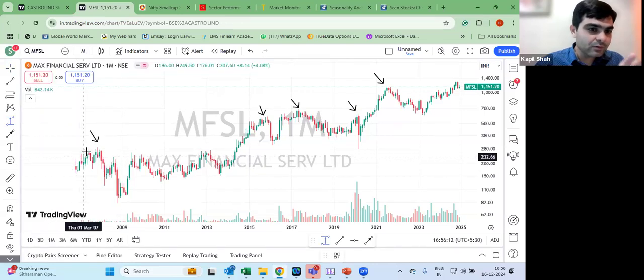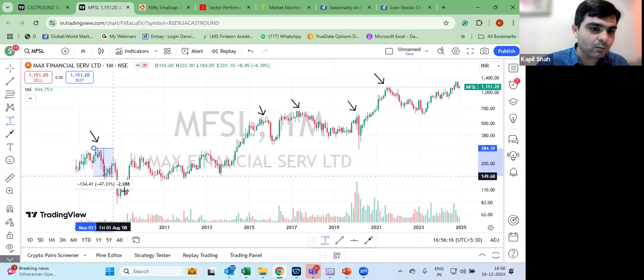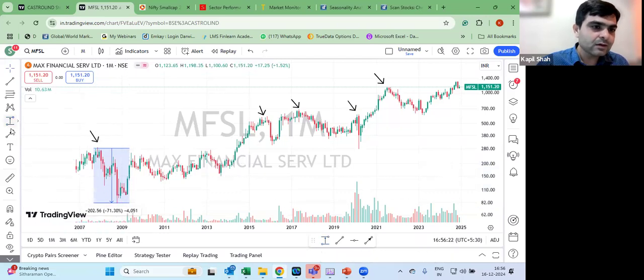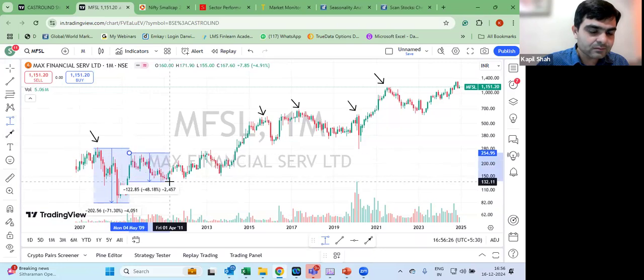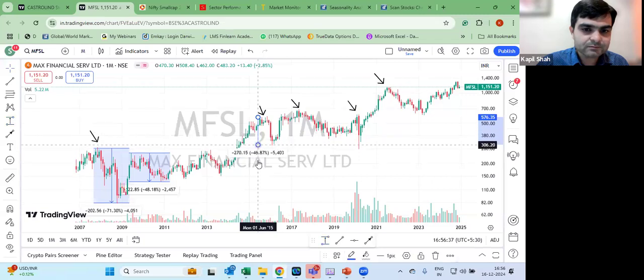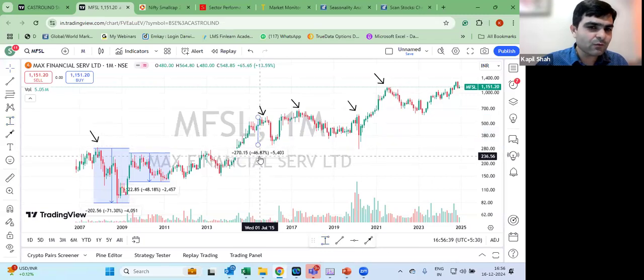Right. So now all these falls are there. Let's say this is one fall that happened from top to bottom. It was like a 70% fall. Then this is another fall that happened over here, about 48%. Then here one more fall happened from this particular point to this point, some sort of 40.